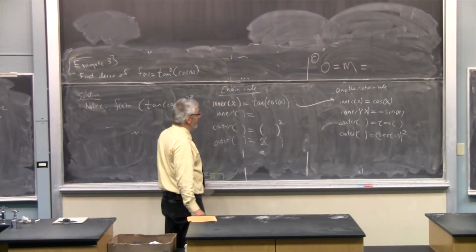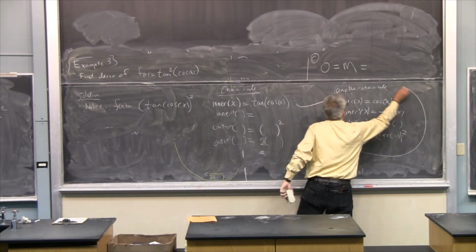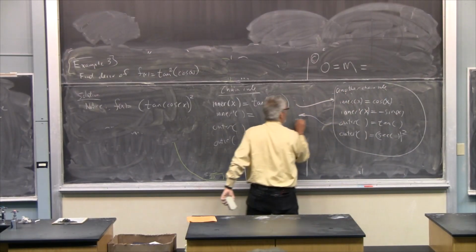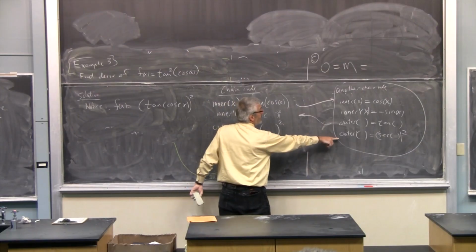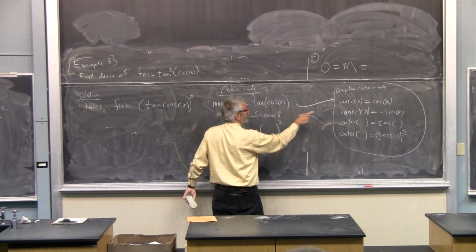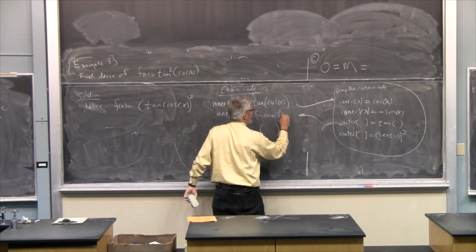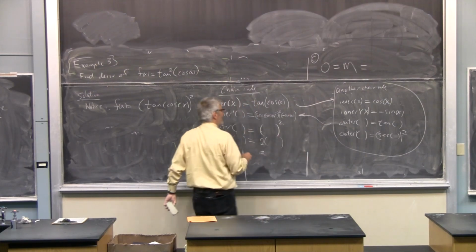So when I assemble this, I have to get secant of parentheses squared. I've got to put in the original inner function, cosine of x, and then I have to multiply by my inner prime, which is parentheses minus sine of x. This is a monster problem.